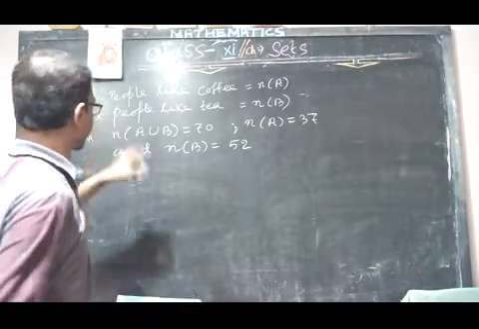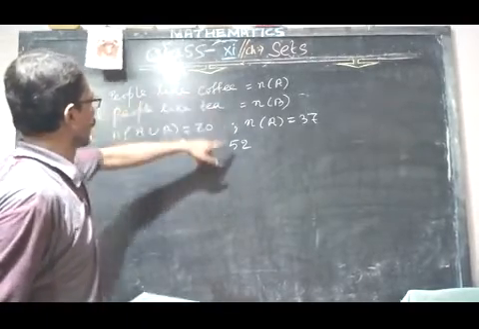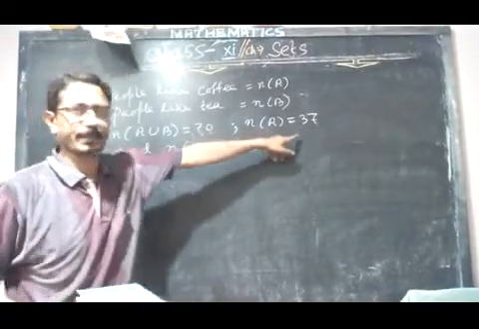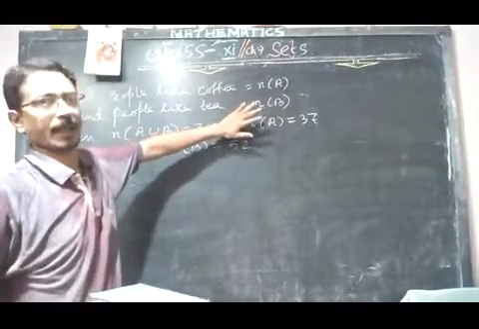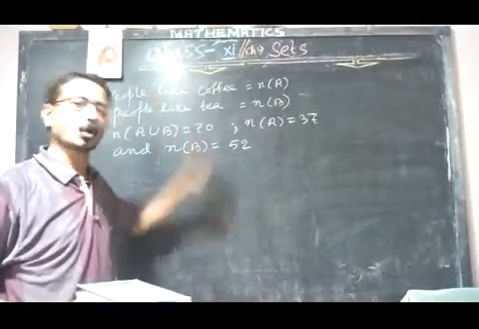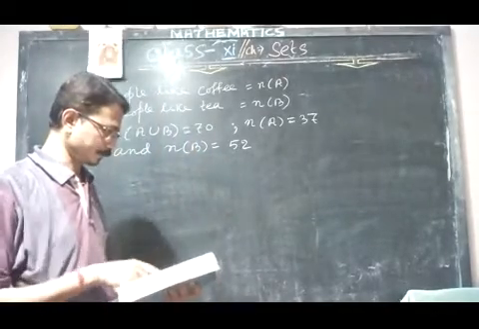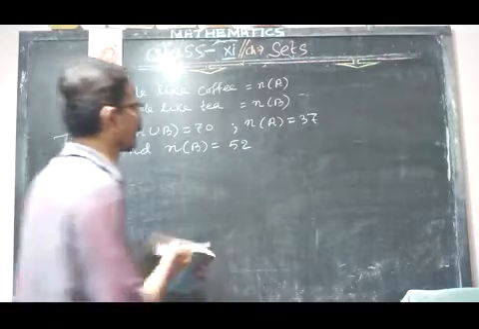In a group of 70 people, 37 people like coffee and 52 people like tea, and each person likes one of the two drinks. And you have to find how many people like both coffee and tea.